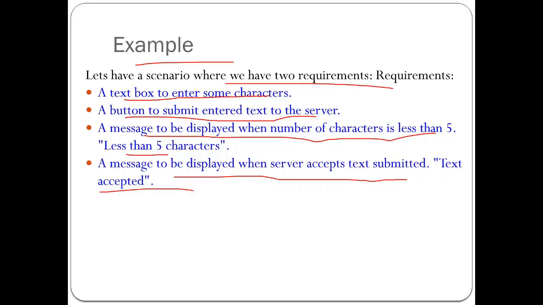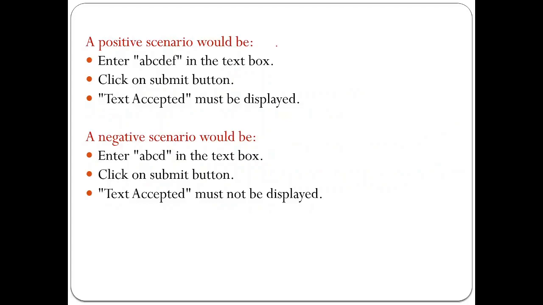So what can be the negative scenarios for this? We already saw the positive scenarios in the previous topic. For the negative scenario, whenever the user enters fewer than 5 characters, it should display the less than 5 characters message.